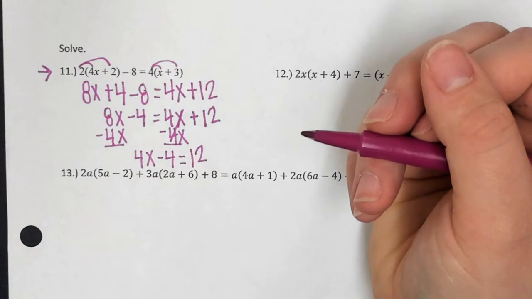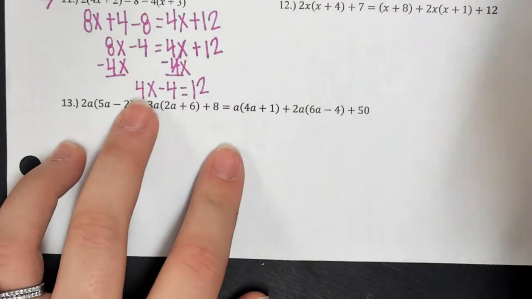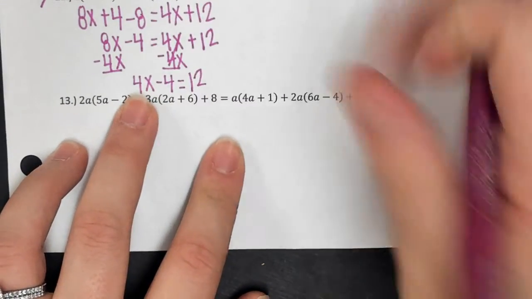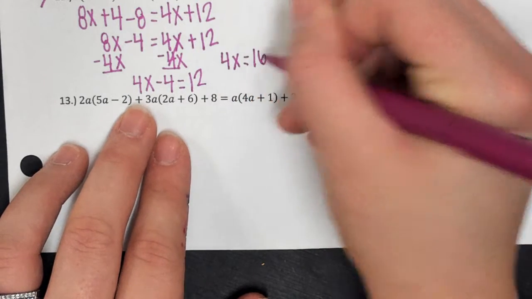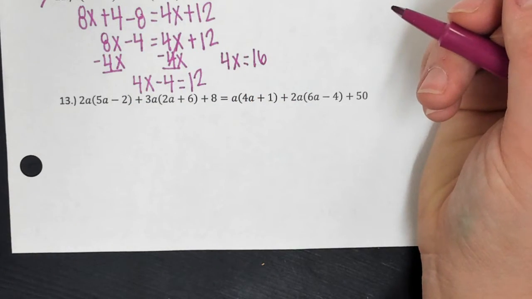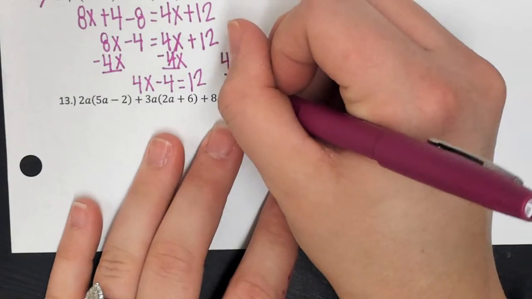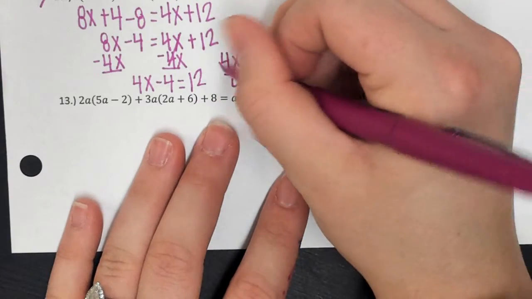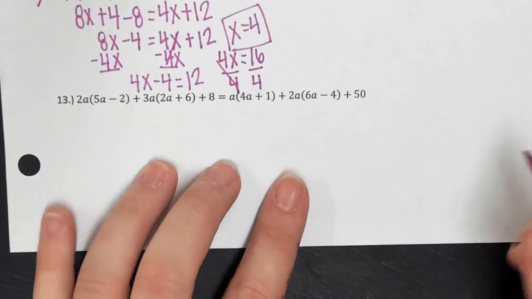Now it's a regular equation. Take your negative 4 to the other side. If it's a negative, now it becomes a positive. So you get 4x equals 16. To break a multiplication, you have to divide. Divide by 4. So x is equal to 4. All right.